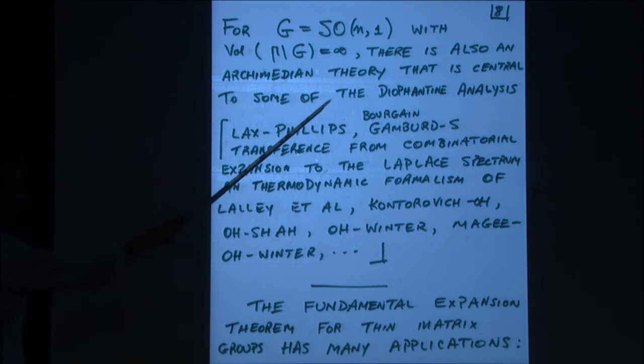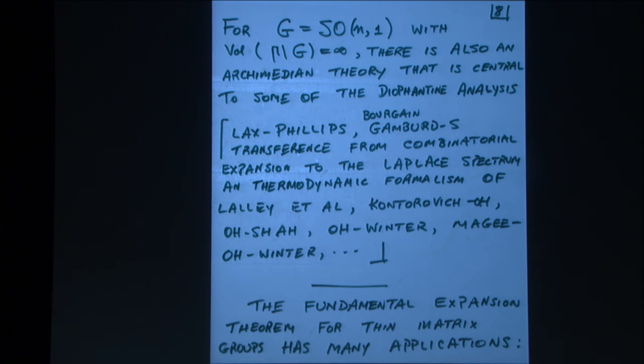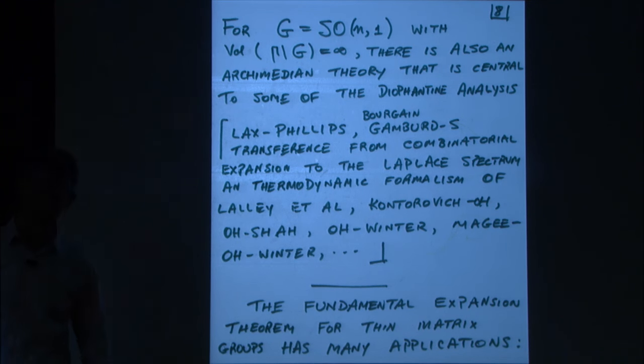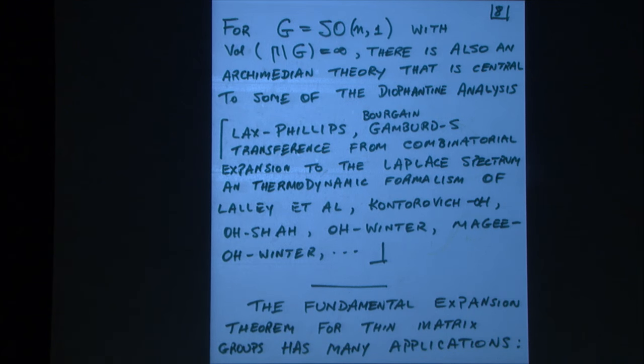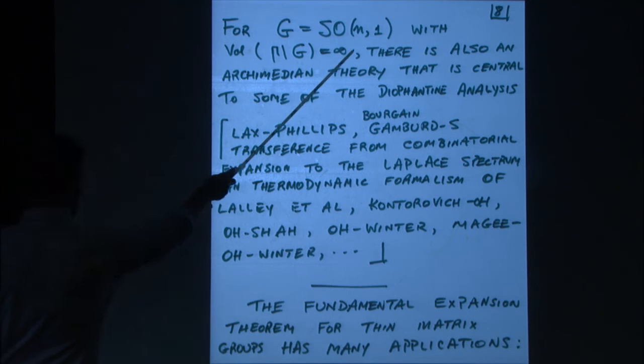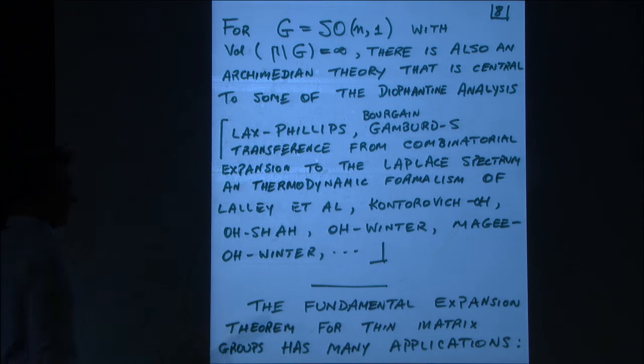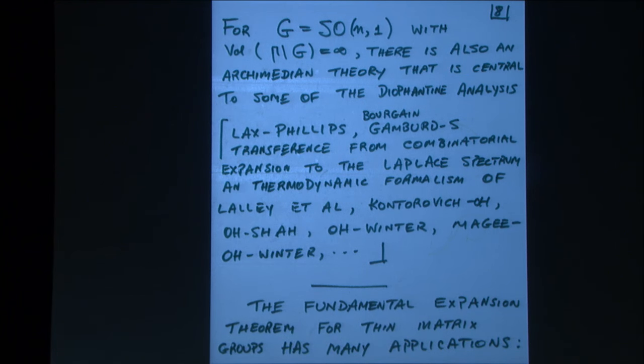And this Archimedean theory has been developed by Kontorovich, Oh, Shah, Oh, Winter, and McMullen, Oh, Winter, all of which are in this hyperbolic space setting, and critical ingredients besides just the spectral gap. But one can transfer, and that's what these theorems say, these ideas that are in the proof of the combinatorial expansion property to this Archimedean setting.